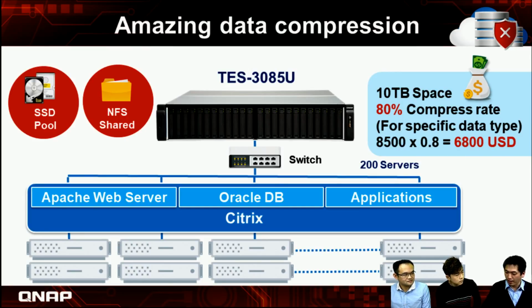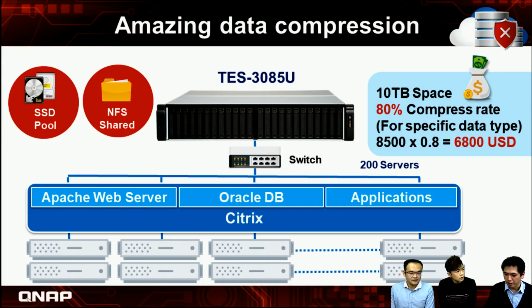Okay, so I had our engineer check their environment, and we found that all of their data is log files, text files, so it's compressible. We found that in this scenario, 80% of the data was compressed.